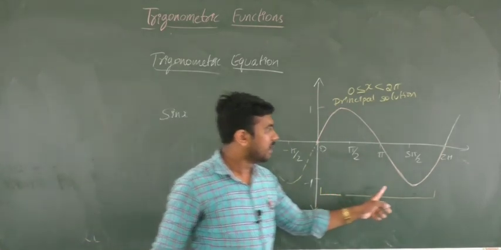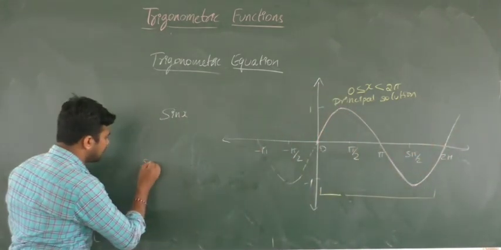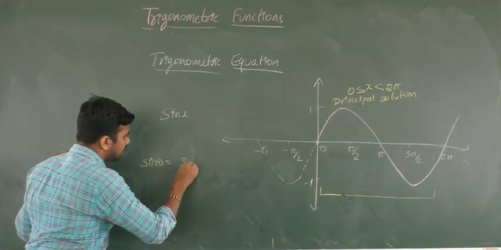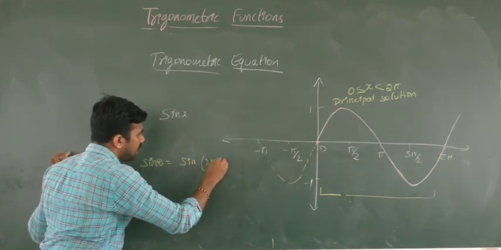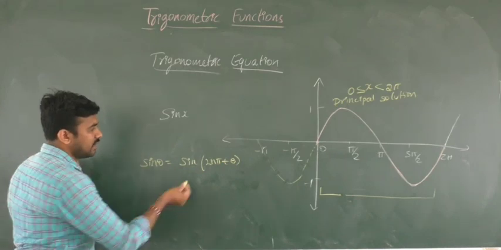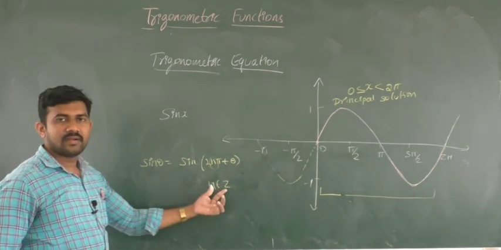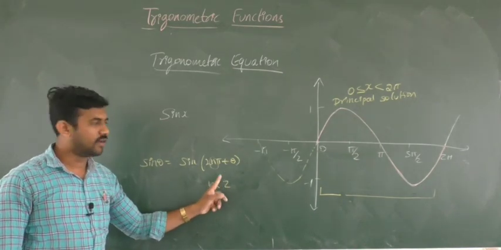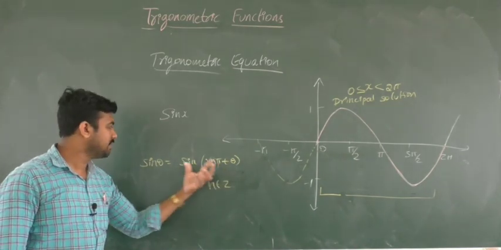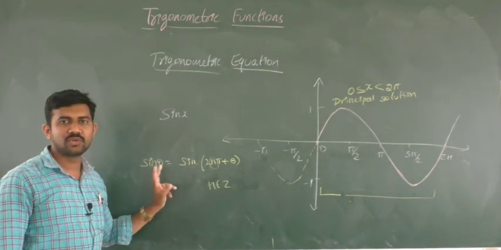And you will get infinitely many solutions, you can observe here, because we know sine theta can be written as sine of 2n pi plus theta. Here you can substitute any integral value for n, and this is the same as sine theta only. So the equation holds.